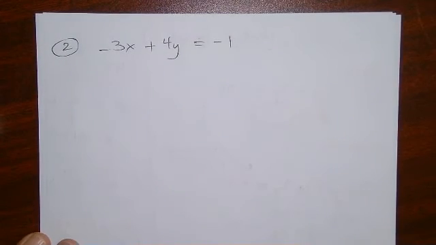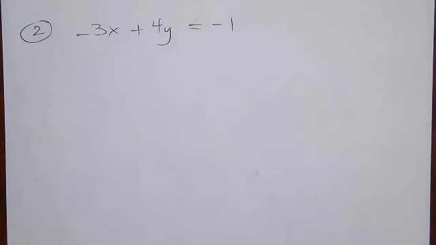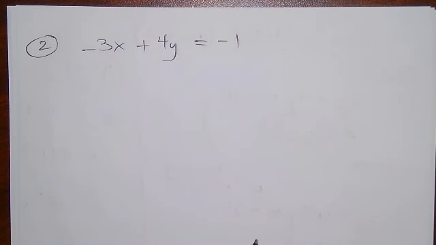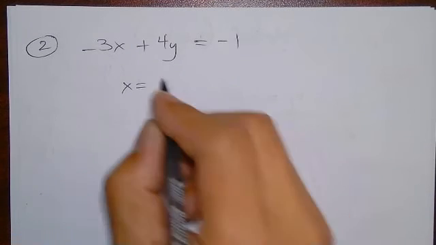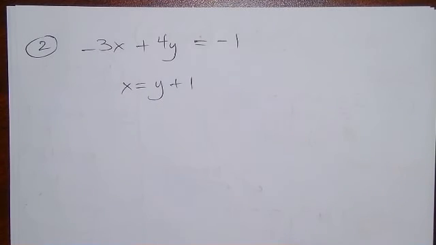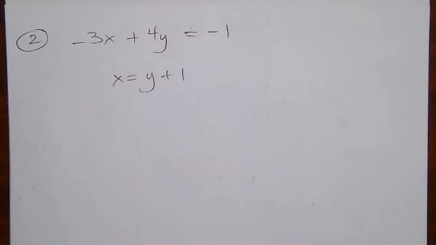Negative 3x plus 4y is equal to negative 1. That's one equation. And the other one is x is equal to y plus 1.